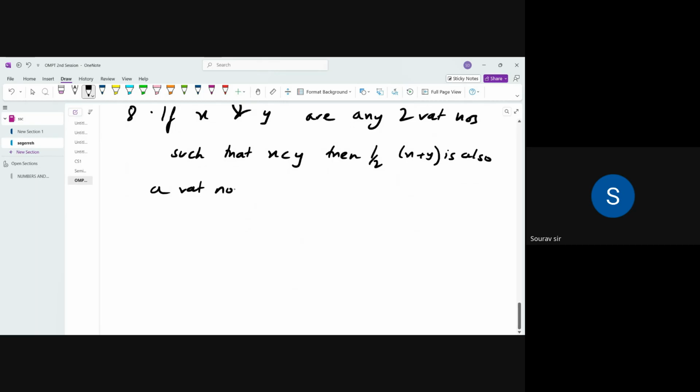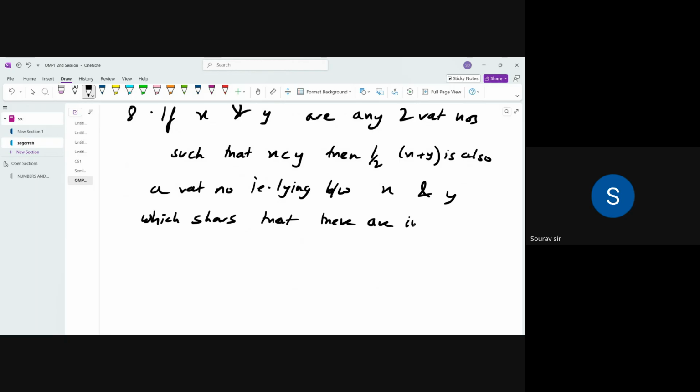And that is lying between X and Y, which shows that there are infinite number of rational numbers between any two rational numbers.